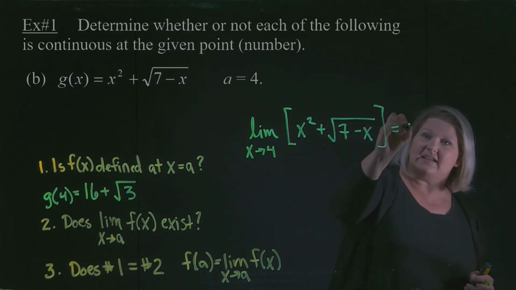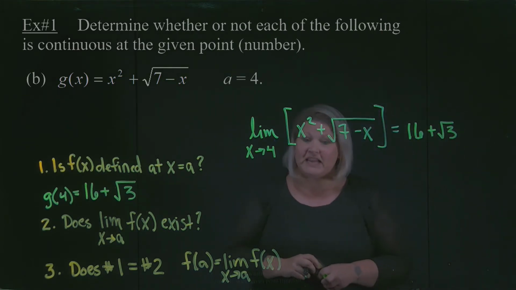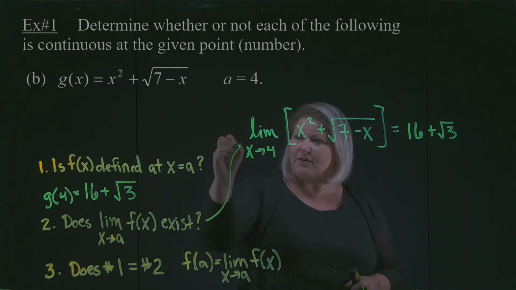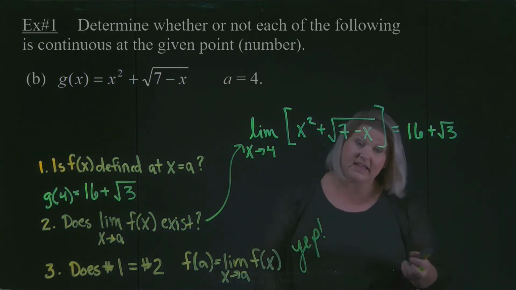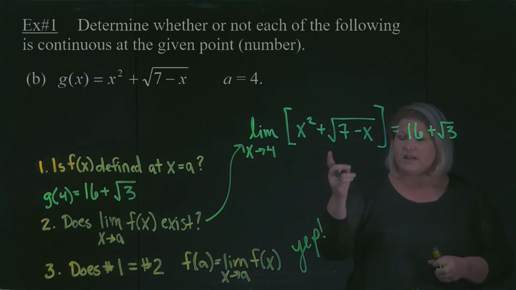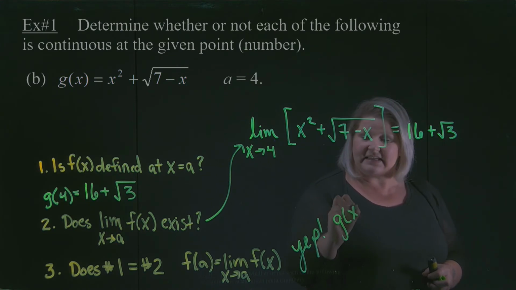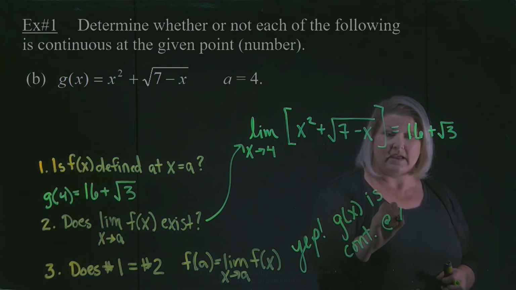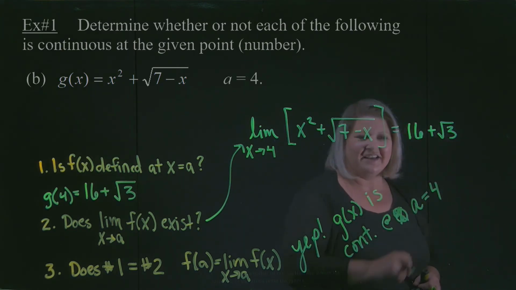So in this case, it's pretty easy to see that for my first step and for my second step, this is also equal. This is also true. The first one does equal the second one, so yes, g of x is continuous at, not x, sorry, a equals 4.